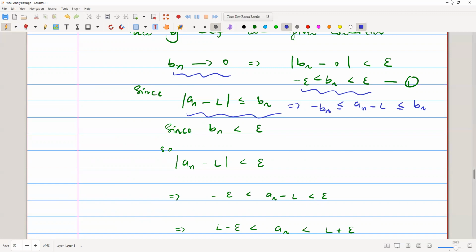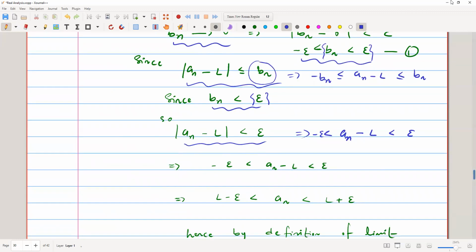All right, and then we have the condition that bn is less than epsilon, so we can replace this bn with epsilon, because from here we can see that bn is less than epsilon. So if we replace bn with epsilon, we see that |an minus L| is less than epsilon, which implies by definition that an minus L is bounded between negative and positive epsilon.